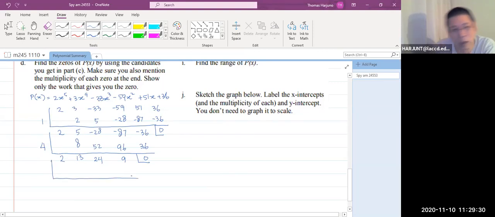Let me try negative 3. Okay. Again, I did it by guessing. I did it purely by guessing. Okay, 2, negative 6. This would be 7, negative 21. Oh, it works. Negative 9, 0.